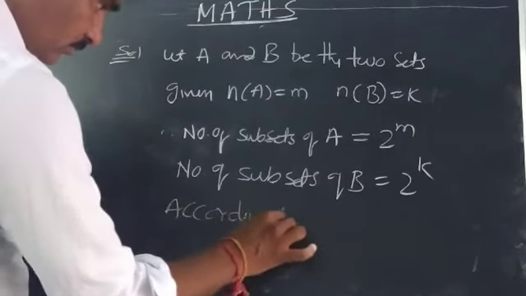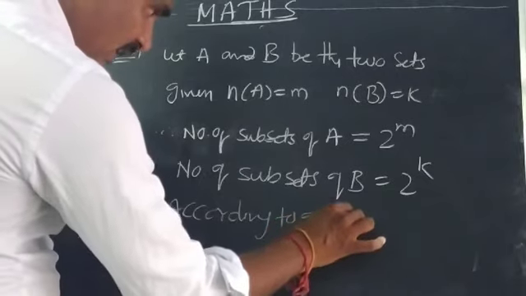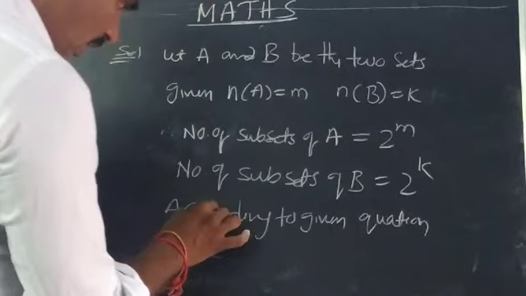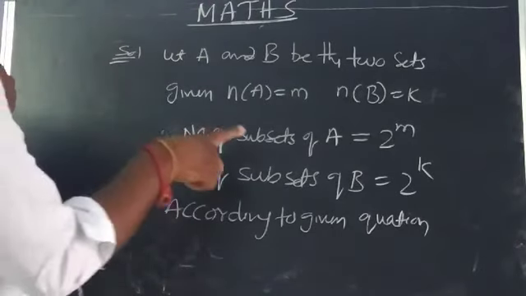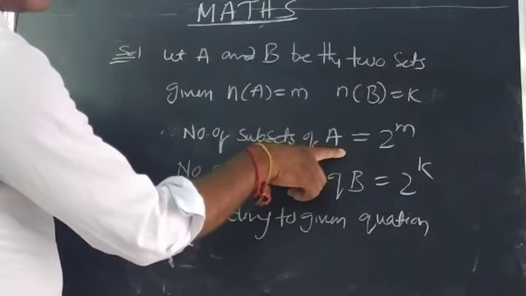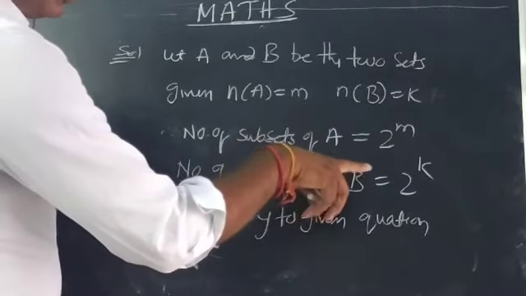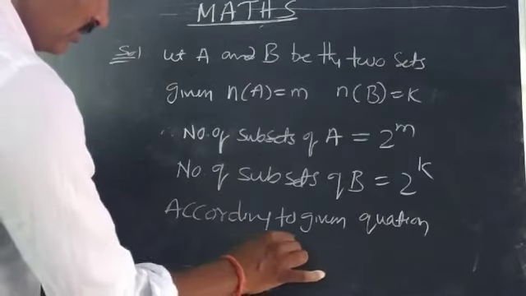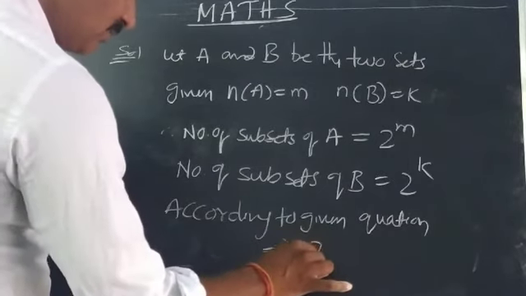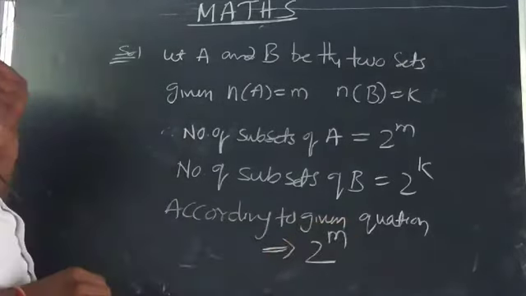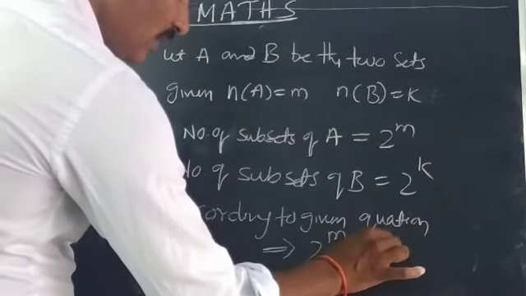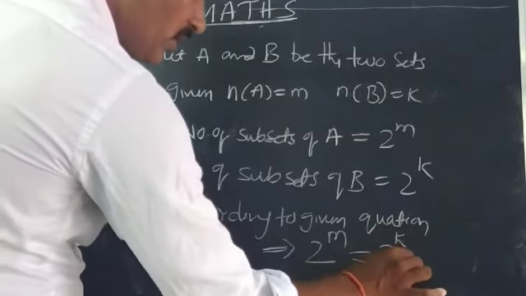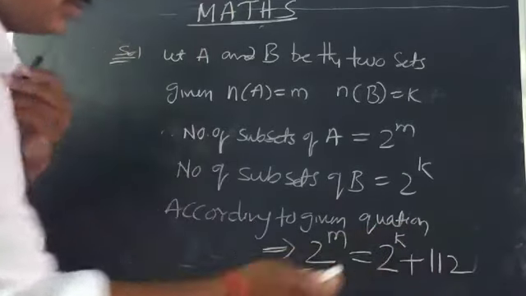According to the given question, the number of subsets of A is equal to 112 more than the number of subsets of B. So I will write: number of subsets of A, 2 power m, is equal to 112 more than the number of subsets of the second set, so 2 power k plus 112.